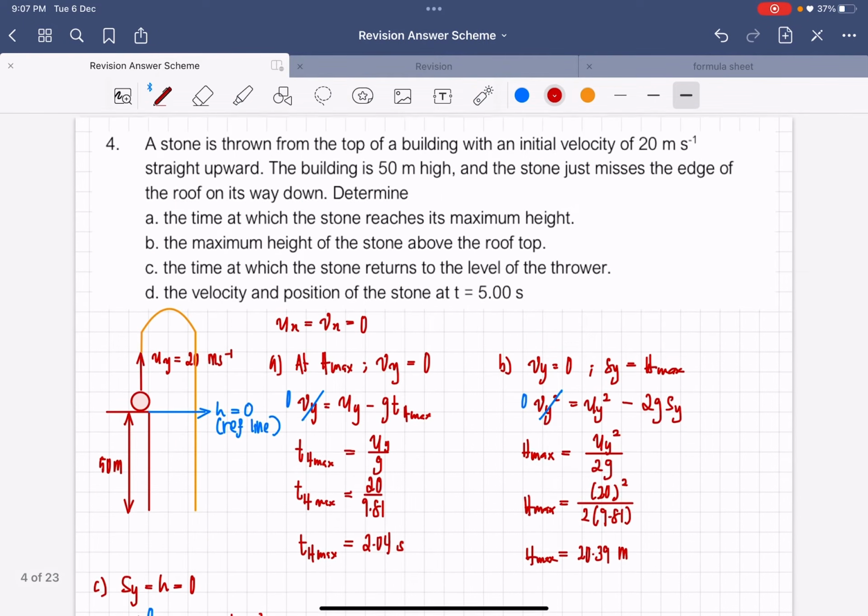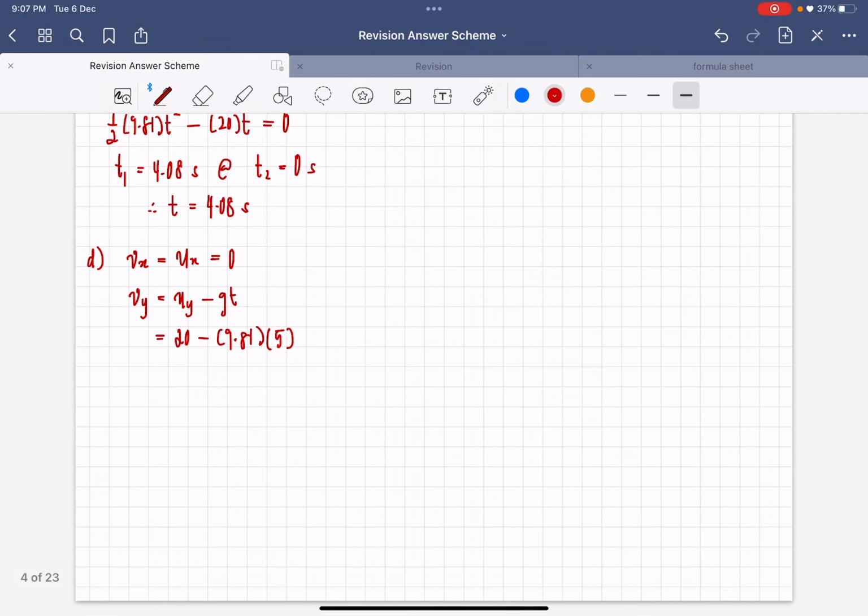Okay, let me just put this in the calculator. You will get negative 29.05 meter per second.